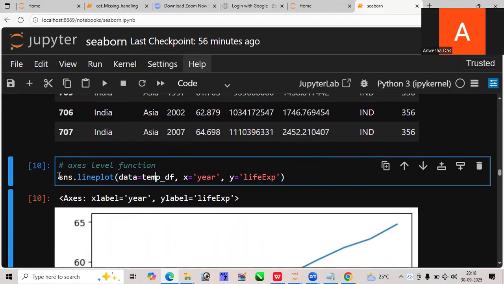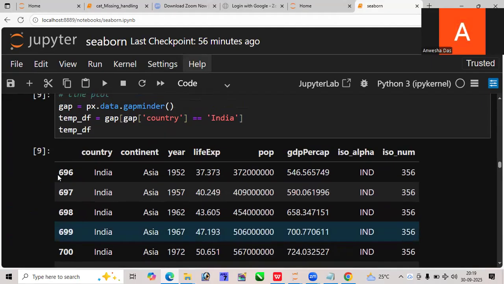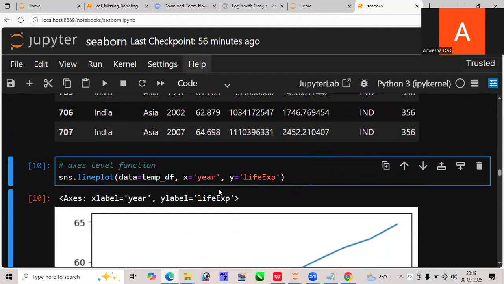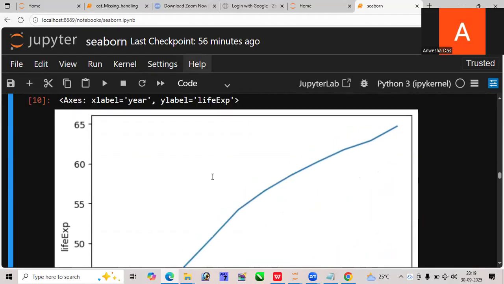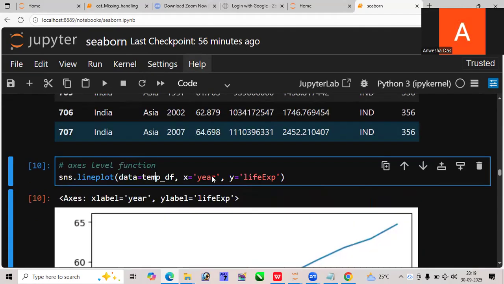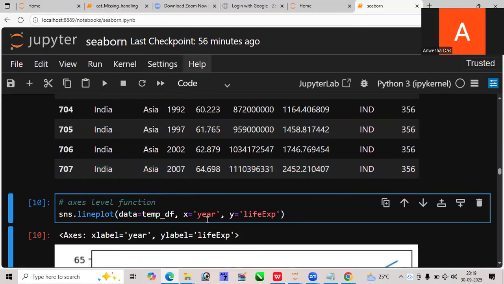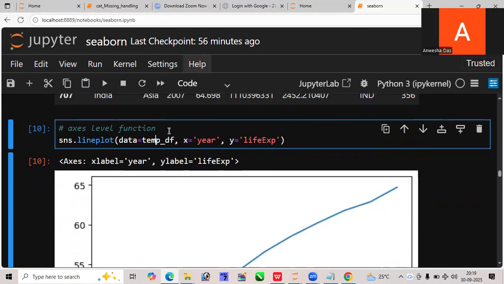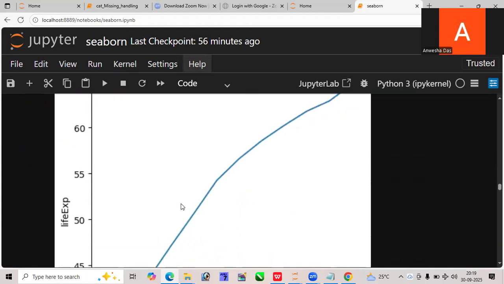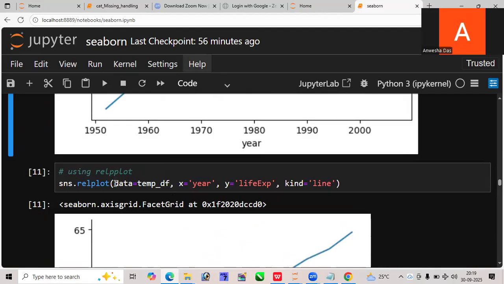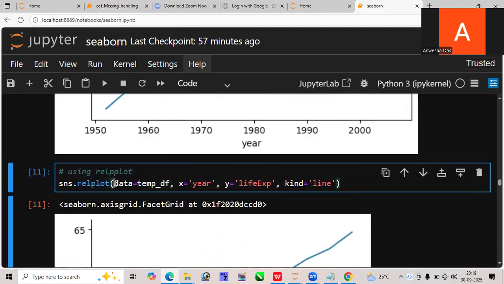After that, in data, I mentioned the variable name, and then I created a relationship between the year and the life expectancy. I created this chart using the axis level function and using relplot as well.